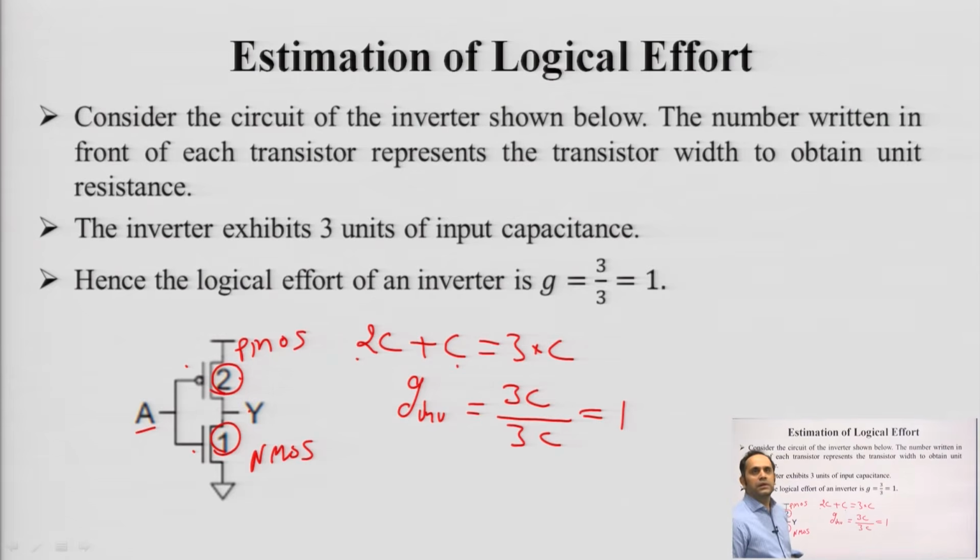The logical effort of an inverter is always unity. It sometimes also acts as a reference for me, and for defining other logical circuits, you can define them in terms of the inverter, taking the inverter as a reference. So, we have seen and shown here that the logical effort of an inverter is unity.